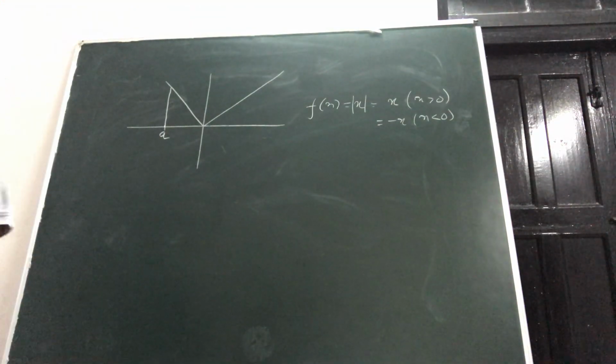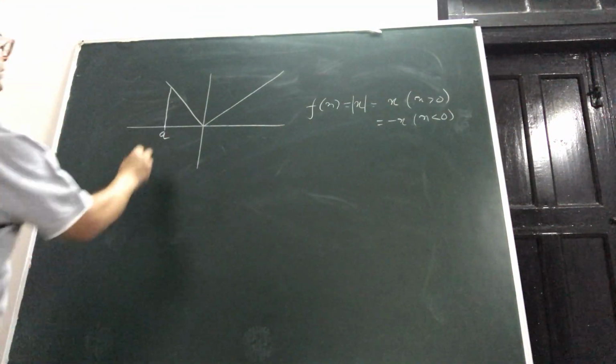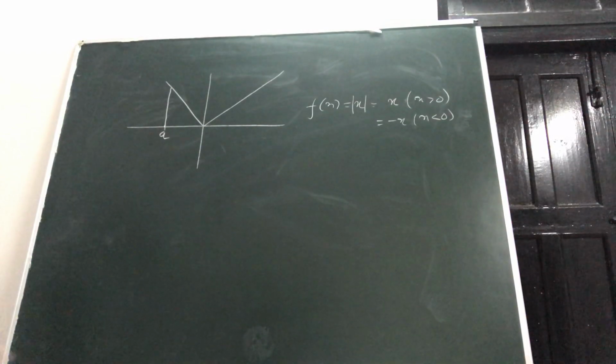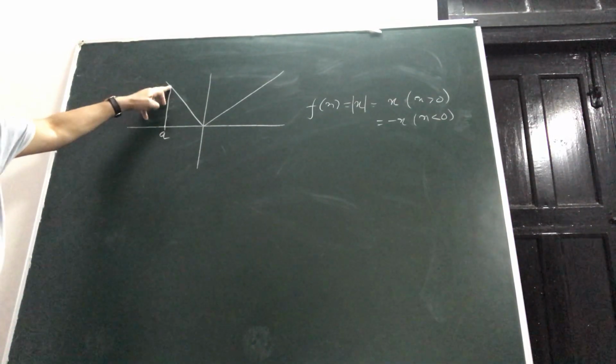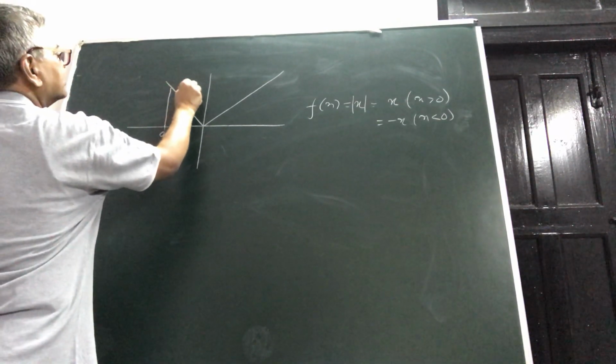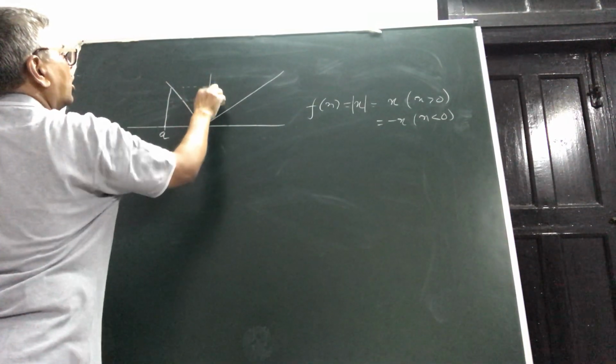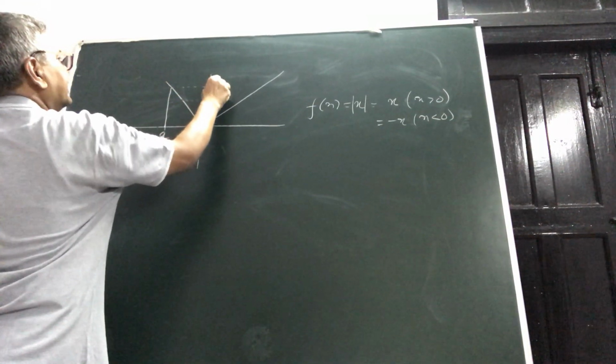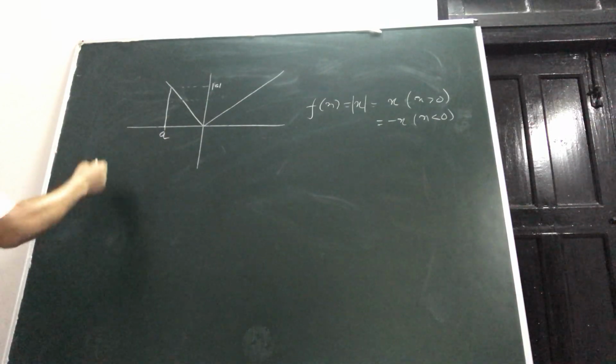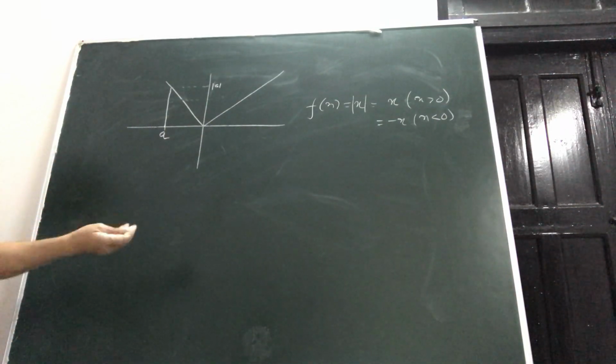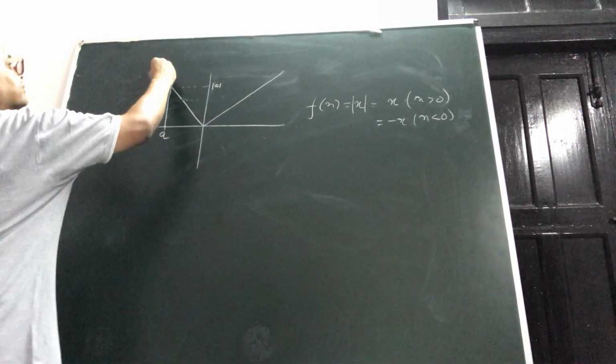Suppose here A is negative, so A takes negative values. Its functional value here is mod of A, that is minus A, because mod of A, if A is negative, will be minus A.